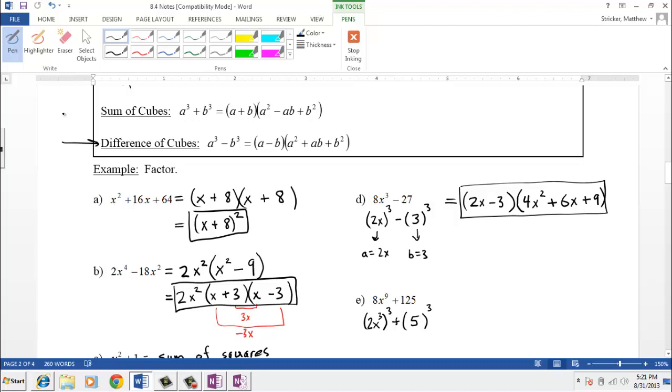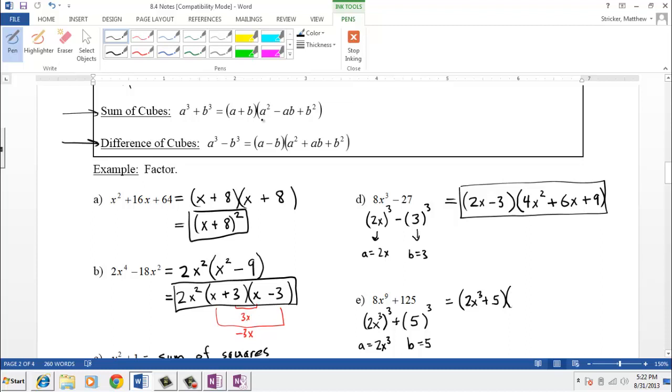And here we're going to follow the sum of cubes pattern, remembering that A is 2x cubed, and B equals 5. So this is going to factor to, first of all, A plus B, or since A is 2x cubed, it'll be 2x cubed plus 5.